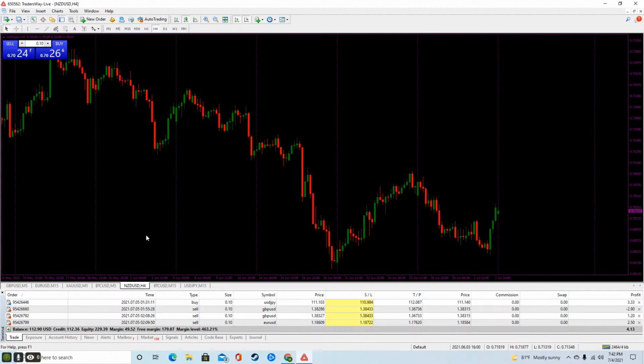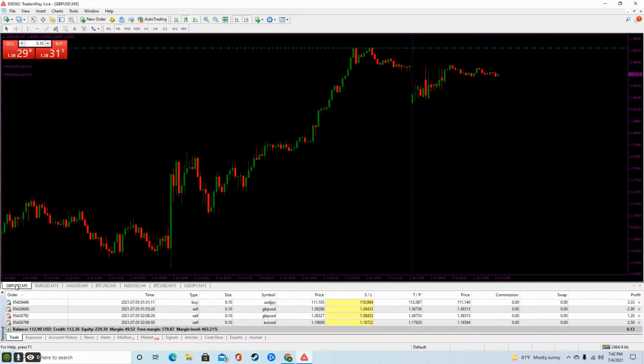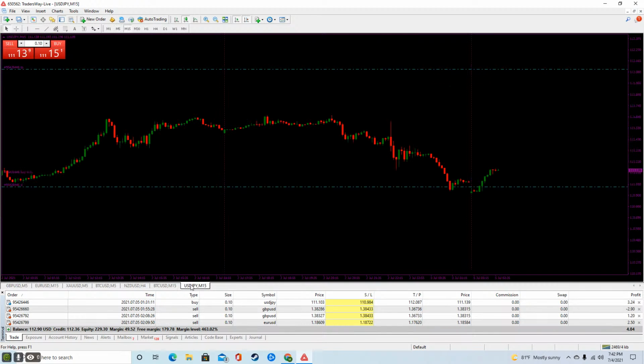Man, if GBP USD would just go our way, we would be in the money. USD JPY is starting to sell off a little bit, which I don't see it doing too much.